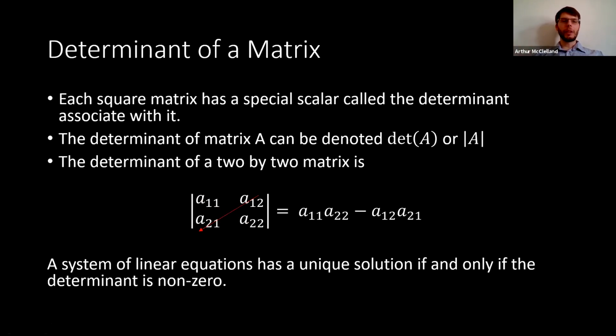And a system of linear equations will have a unique solution if and only if the determinant is non-zero. So now we don't have to solve pages and pages of math and figure out that a system of linear equations doesn't have a unique solution. We can just take the determinant and that will tell us if it has a unique solution or not.